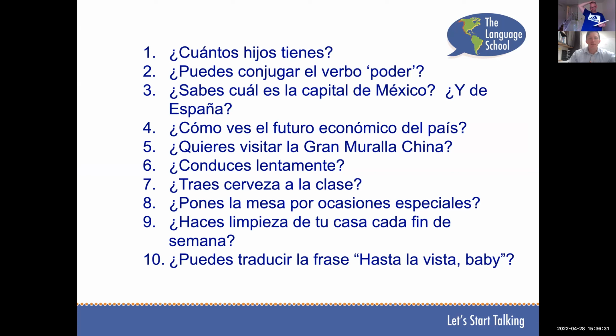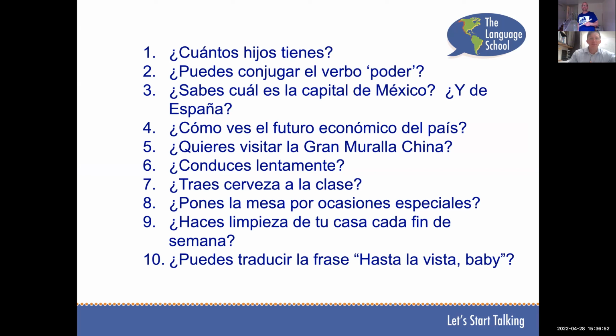Tengo un hijo. ¿Puede conjugar el verbo poder? Conjugar is to conjugate. Yep. Sí. Puedo conjugar el verbo poder.